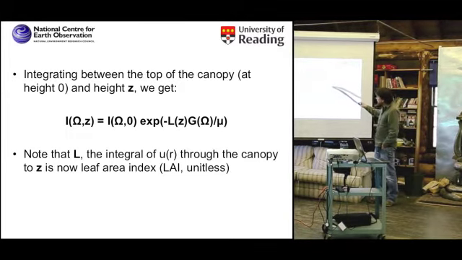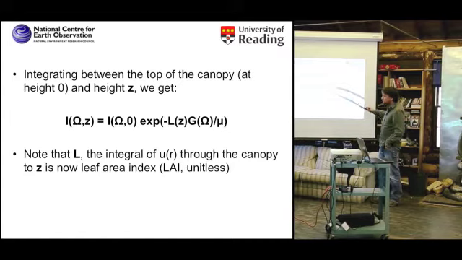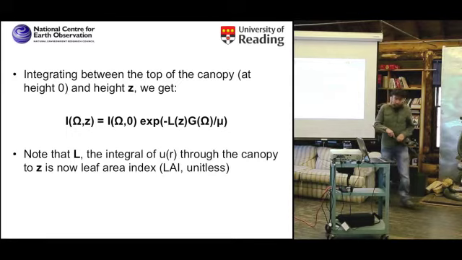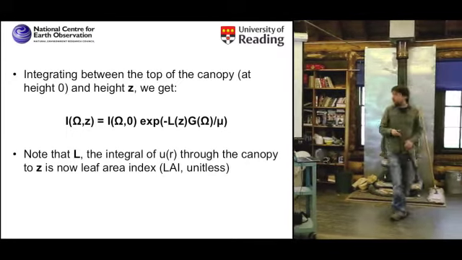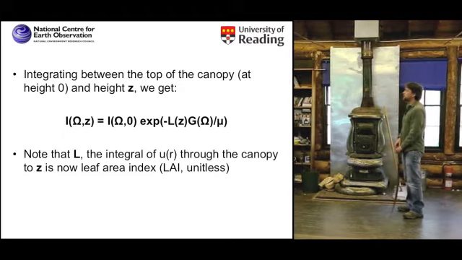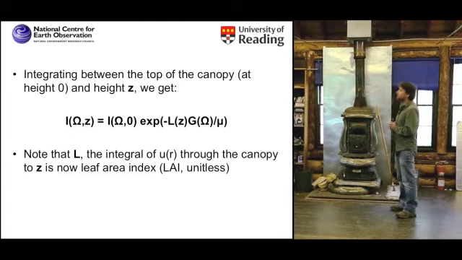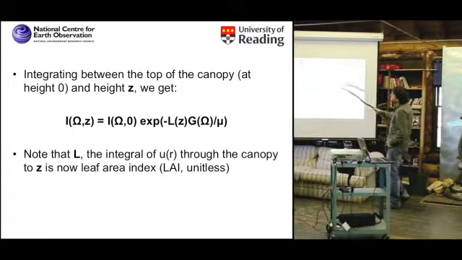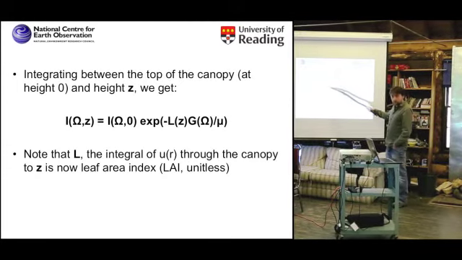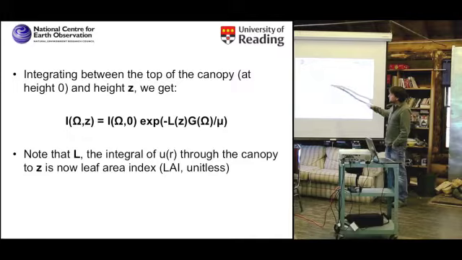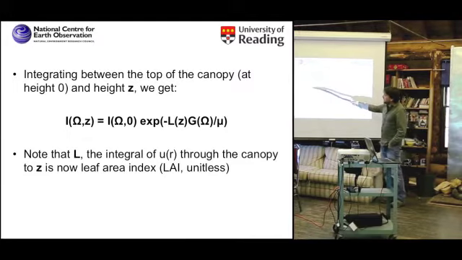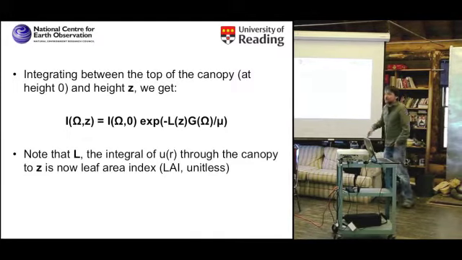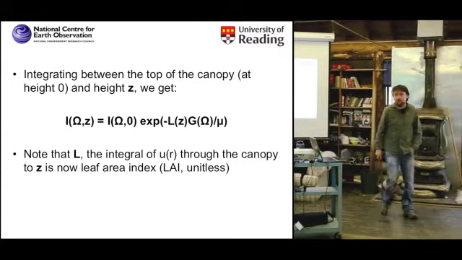So we have the leaf area index over some depth of the canopy z, times that leaf angle distribution function, divided by the cosine of the incident angle of that photon coming in. If you then multiply that by the intensity of radiation at the top of the canopy, where z equals 0, we get the intensity at any depth in the canopy that we're after.